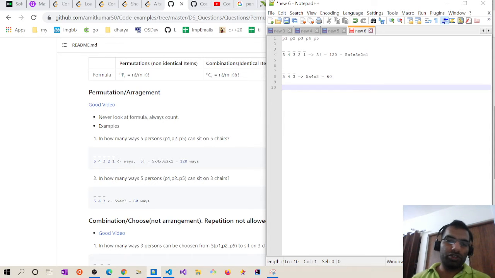For permutations, we have this formula as well, that is n factorial divided by (n minus r) factorial. Here n is 5, and the number of places where we want to make these people sit, or the number of possible arrangements, is r. So r is 3 here.